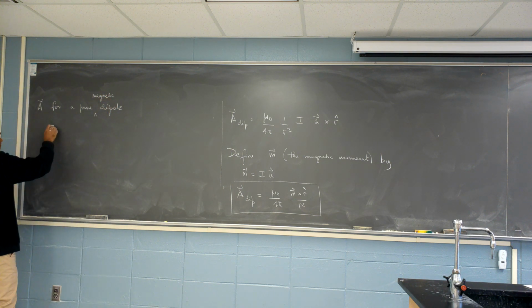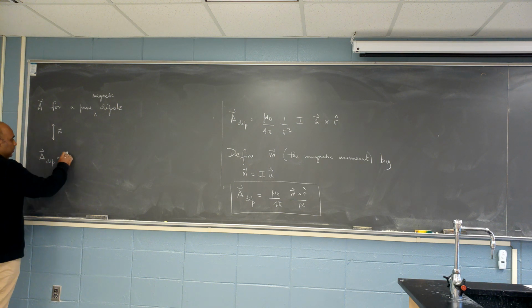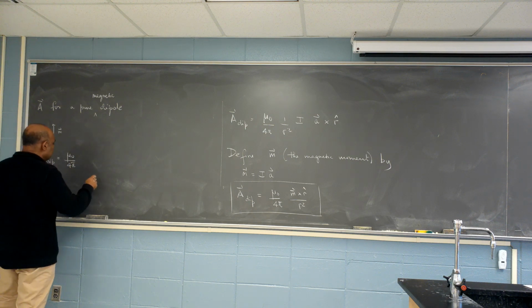So let me write this coordinate system. So here is the magnetic dipole, right? But it has an M that looks this way. So if you look at mu zero over 4 pi, I can't do anything over about 1 over r squared.